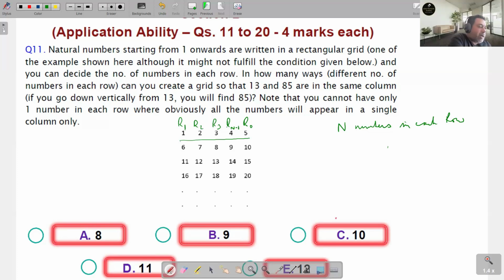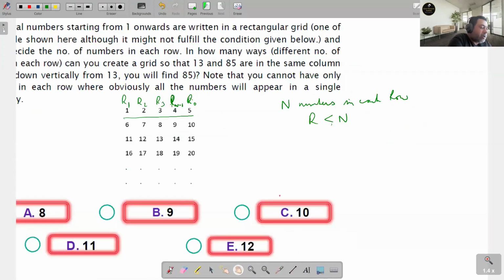So let's say a particular remainder is r in a column. Some remainder r. We don't know the value of r, but r is less than n. In that case, let's say am and an are in the same column, which means they will have the same remainder when divided by n.